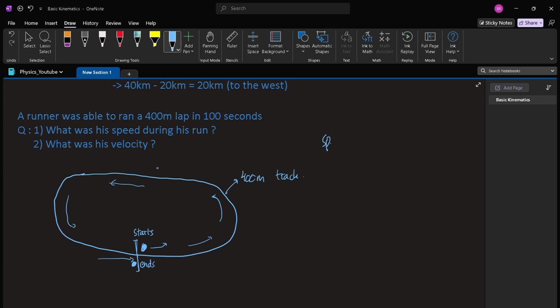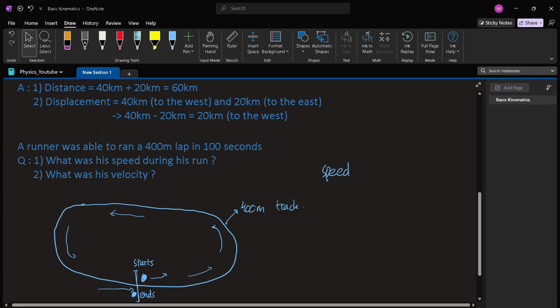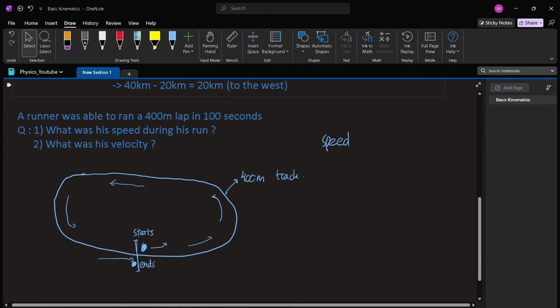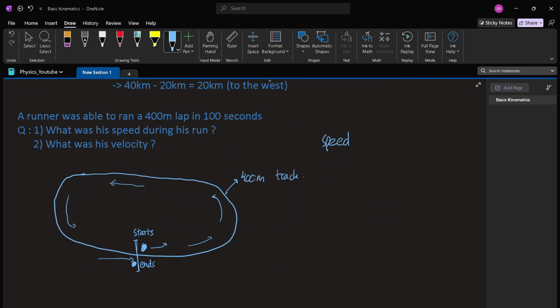Since the first question was asking the speed during his run, we need to calculate it. Speed, as I mentioned earlier, is distance divided by time elapsed. The distance he traveled was 400 meters, and the time elapsed was 100 seconds.